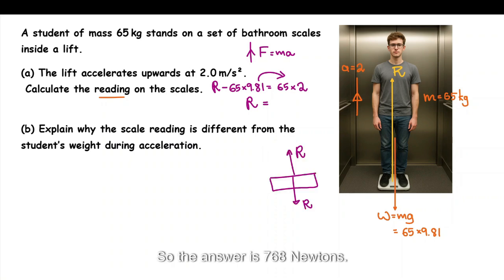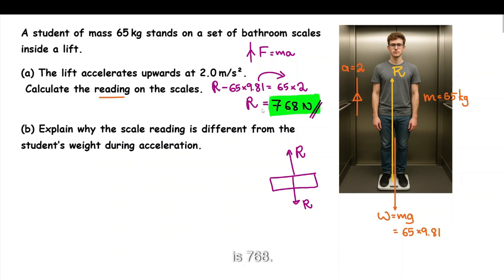So the answer is 768 newtons. So the reaction force is 768, but really, if you are considering the fact that bathroom scales are usually given in kilograms, you can even get the actual reading on it by dividing 768 by 9.81, which gives you about 78 kilograms.